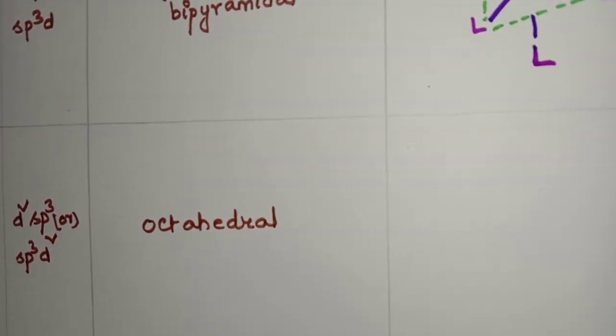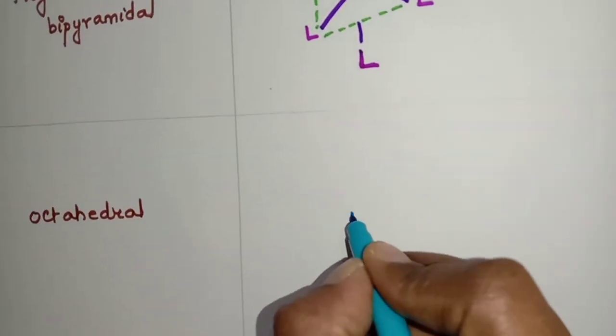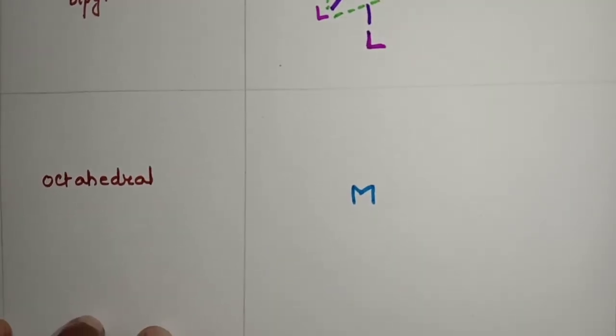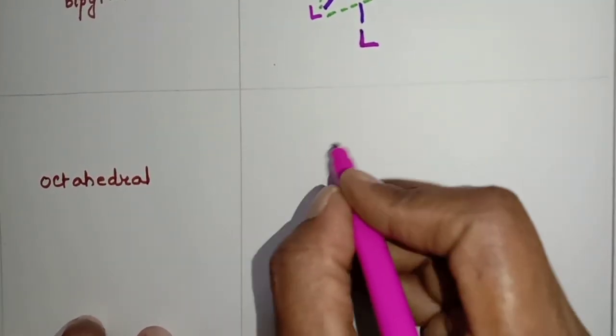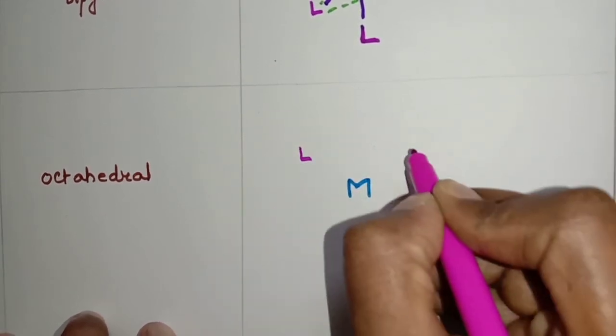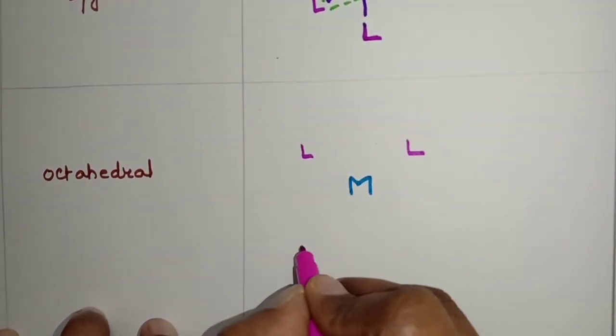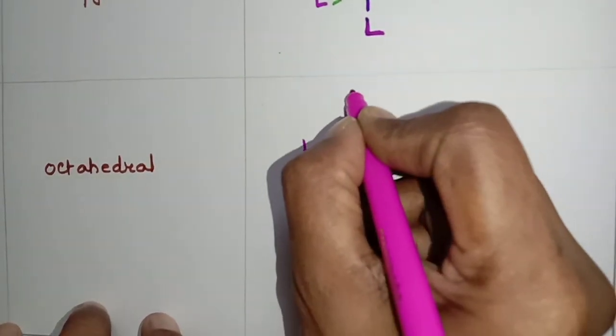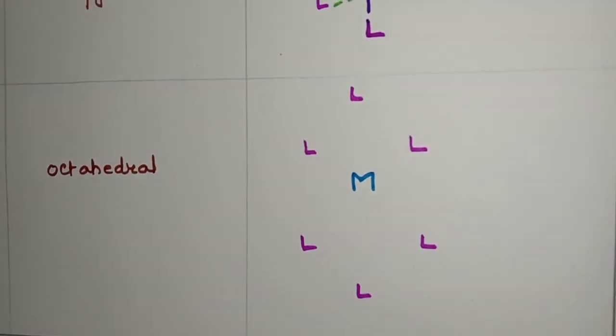Look at the structure of the complex. This is the central metal. Six ligands.